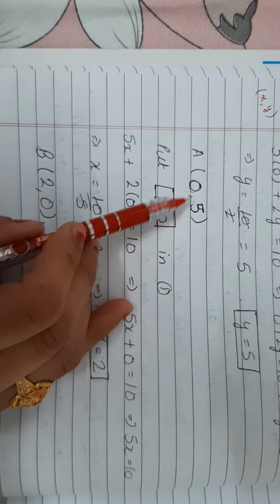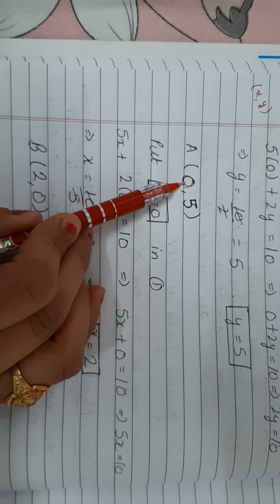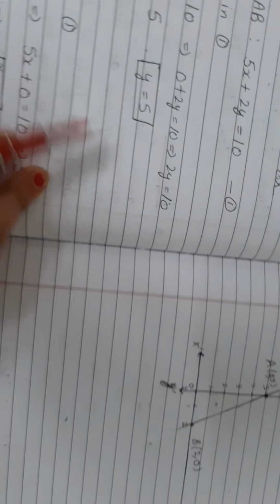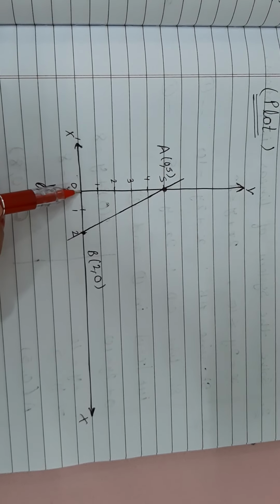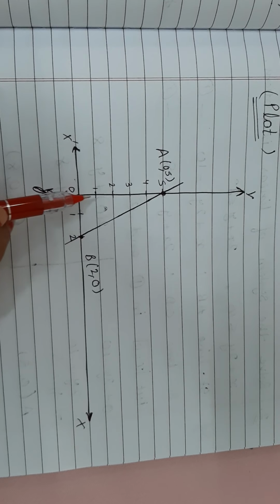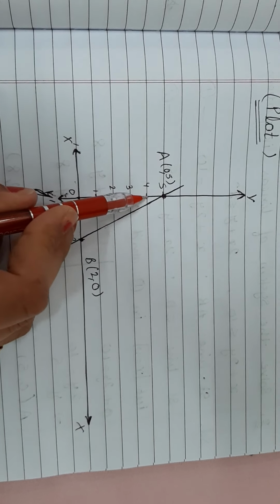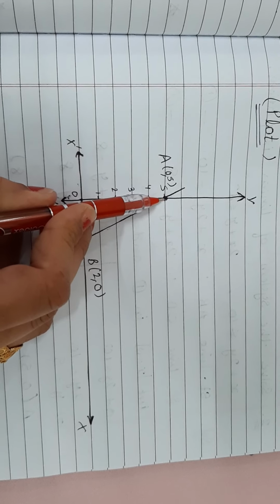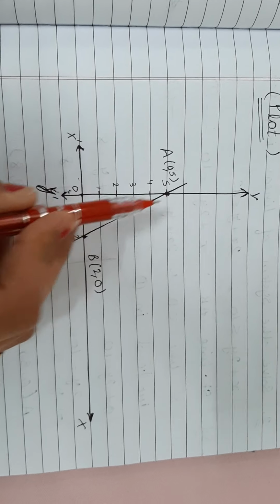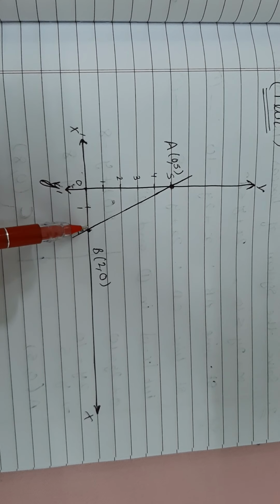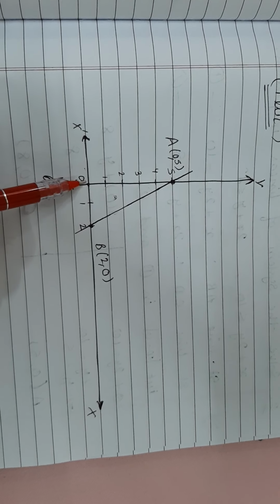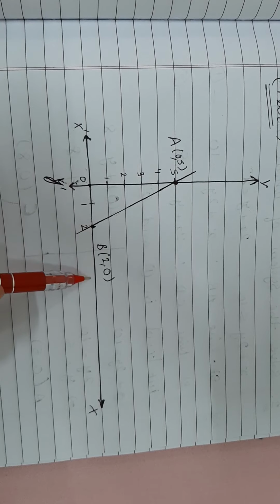Now plot these points. This is (0, 5): x equals 0 and y equals 5, so you move 5 steps up. And (2, 0) is here on the x-axis.